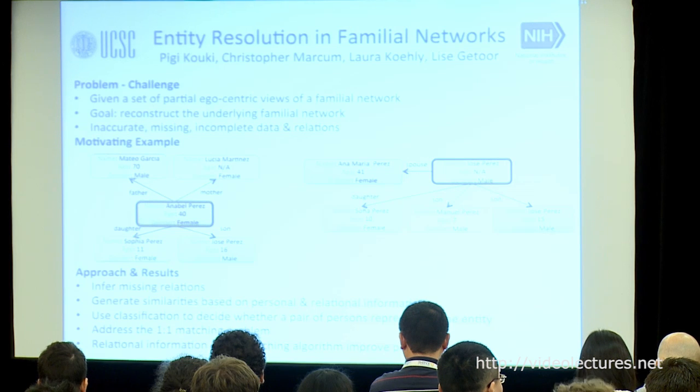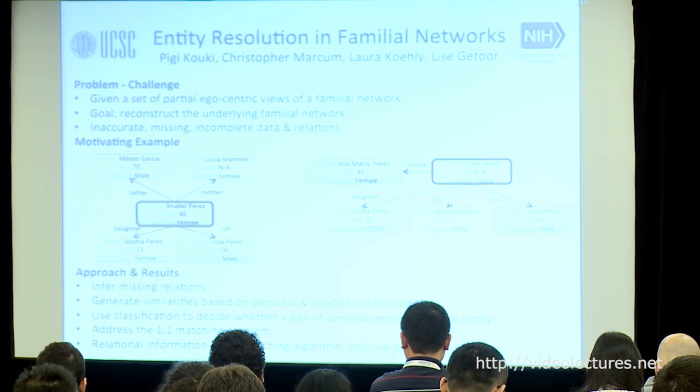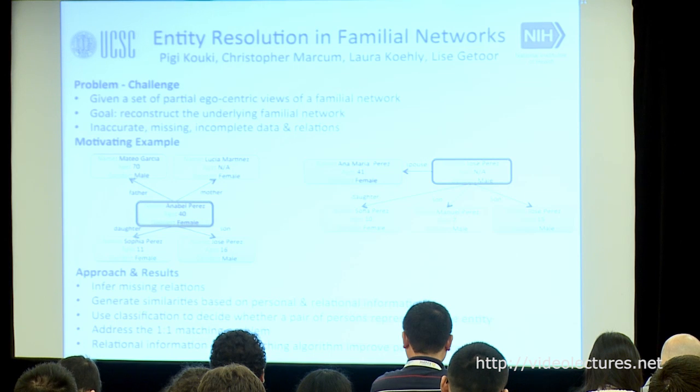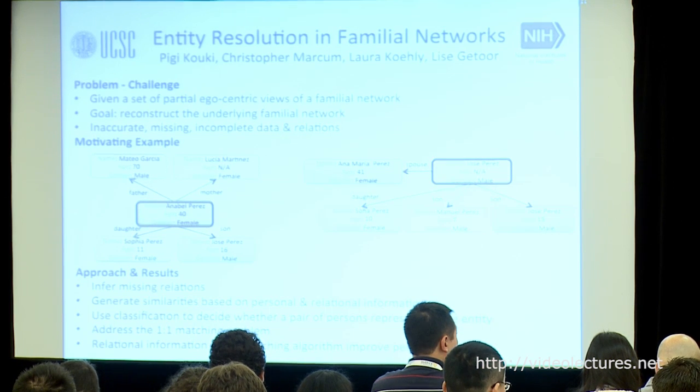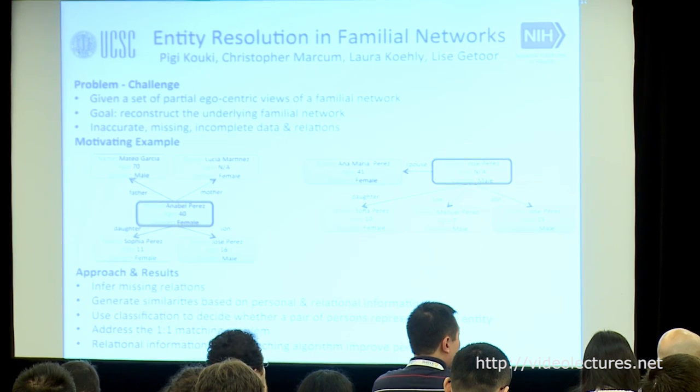For example, a mother relation may indicate a child relation. Second, we generate features by computing similarities based on both personal and relational information. Third, we use a classification-based approach to define if a pair of persons represents the same entity. And finally, we address the one-to-one matching restrictions problem. If you want to find out how effective our solution is, please come by our poster.